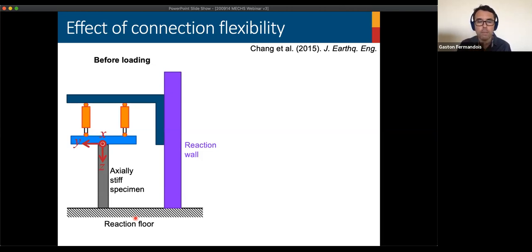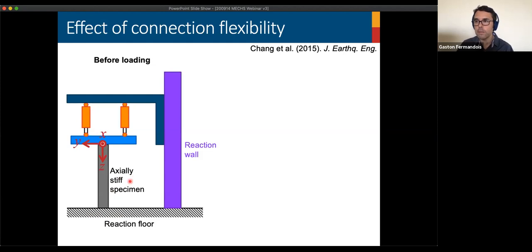Basically, imagine that you have a loading assembly like the one shown on the left. It's basically this box with two actuators. We have a reaction wall that connects the box, and the specimen is between the moving platform of the loading assembly and the reaction floor.